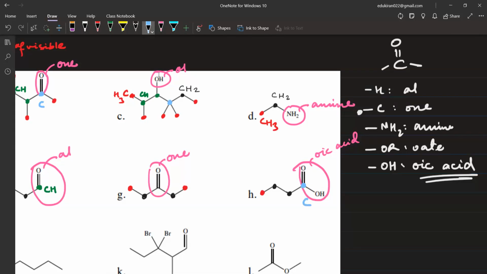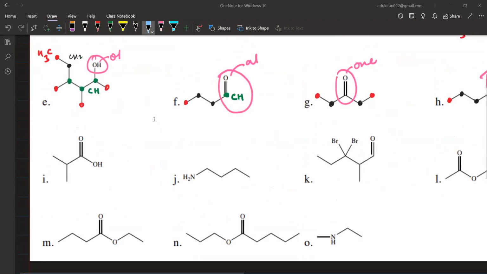Now moving on. Let us see here. Now in the I structure, tell me guys, what is the functional group in the I structure? All of you please tell me in the chat. No, I'm not getting any answers. Can you please try? Yes, Chavez, correct.